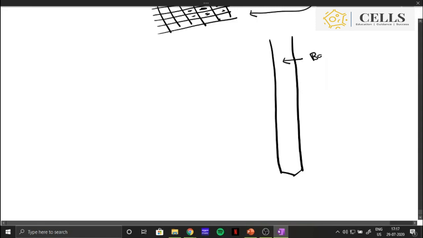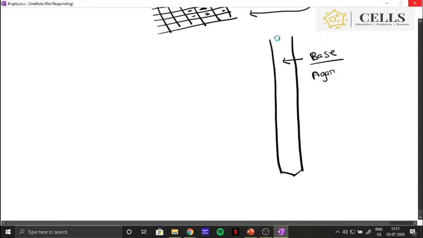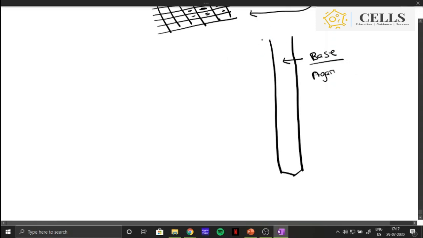Now for example, you have a column. Gel filtration columns are actually very long. Suppose you have a column filled with agarose. You use the protein supernatant.